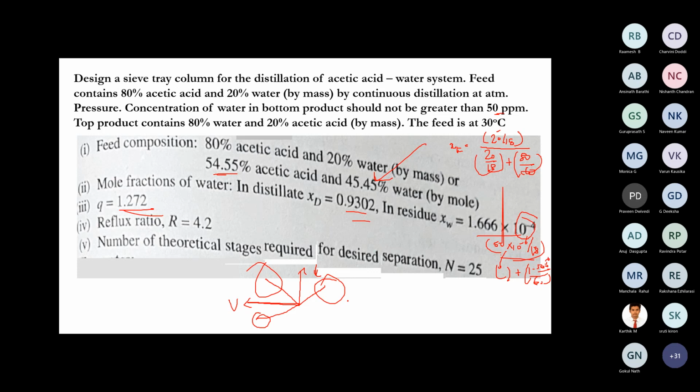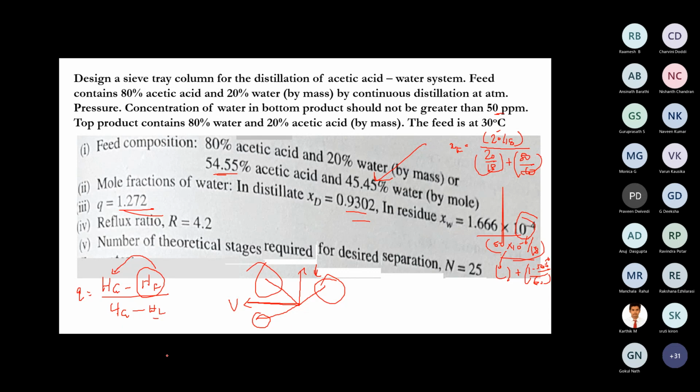So this is the way you can write, or you can write Q is equal to Hg minus Hf. Okay, so this is the feed enthalpy. You are converting this feed to saturated vapor. So this is by latent heat, that is Hg minus Hl.